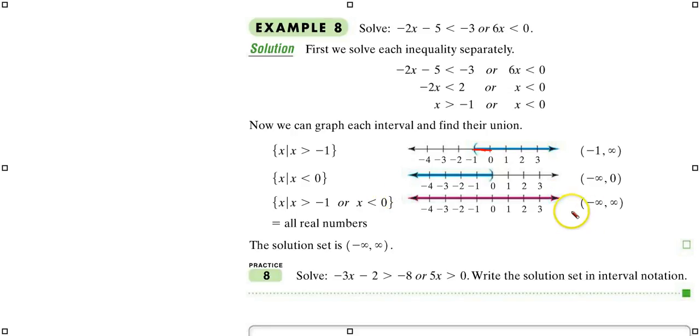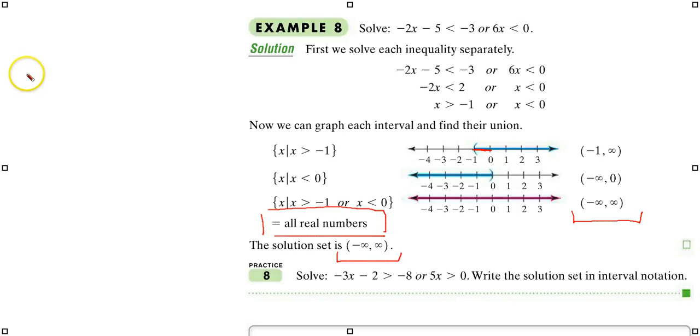Well, this would be from negative infinity to positive infinity, because they actually overlap and then continue in both directions. So what is the solution then for the union of this? Well, the answer is all real numbers. When you get something like this and its union, the answer is all real numbers. And interval notation is this.